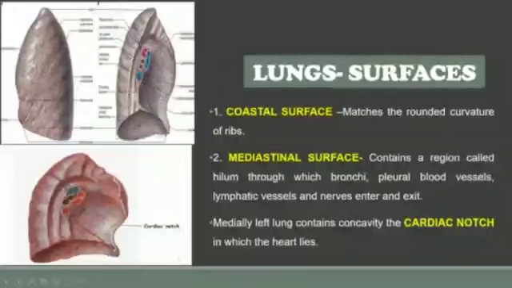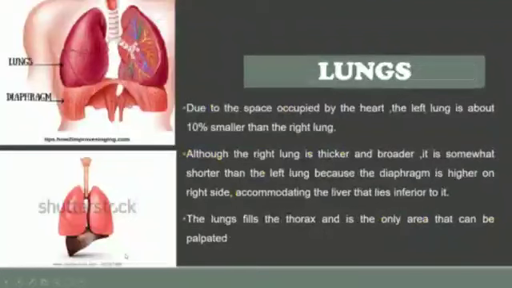The mediastinal surface has an area called the hilum, through which your blood vessels, lymphatic vessels, and bronchi enter and exit the lung. In the left lung, you have a concave notch called the cardiac notch, which accommodates your heart.